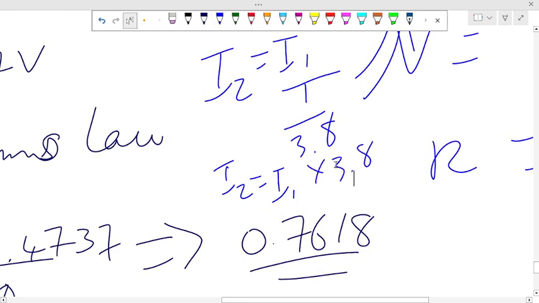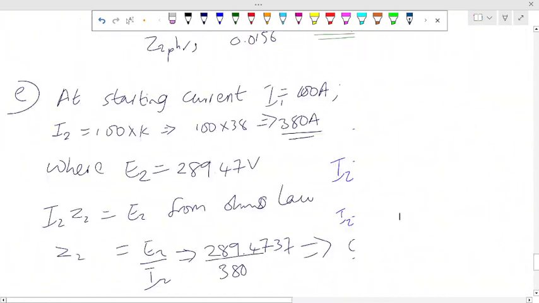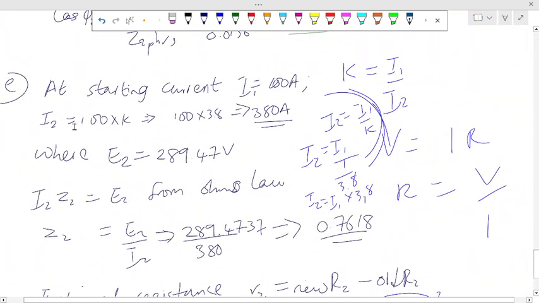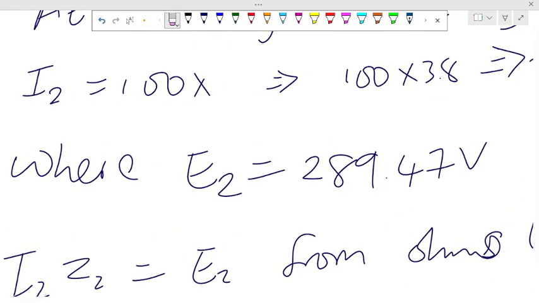Okay? Hope that's clear. So that's how we are doing it. That's why we did this, saying I2 equals 100, which is I1, times K, which is 3.8. I think I should just put the 3.8 here. No, to make it a bit clear, let me do this.